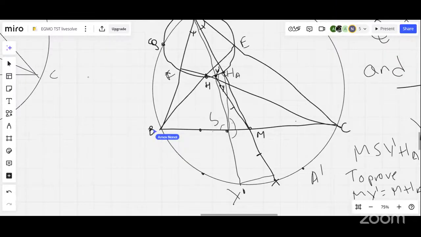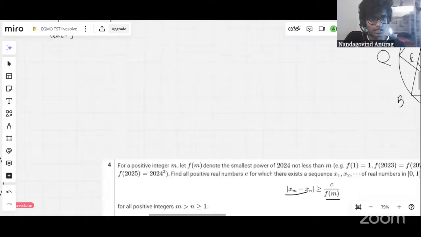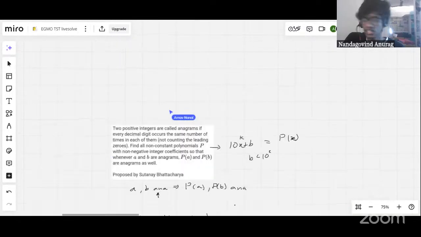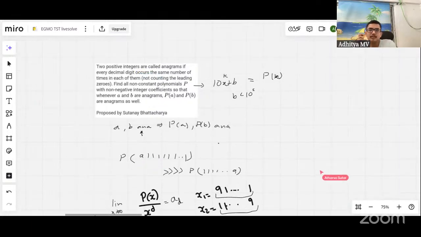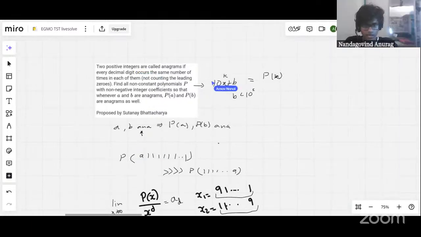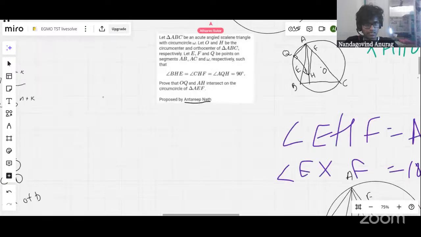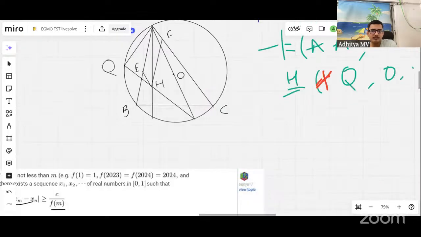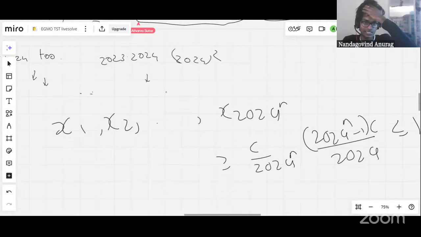We were done by 7 p.m. on day 1. Day 2 took more time.